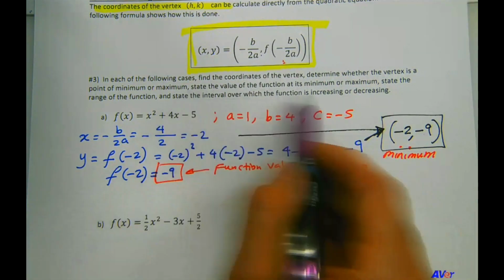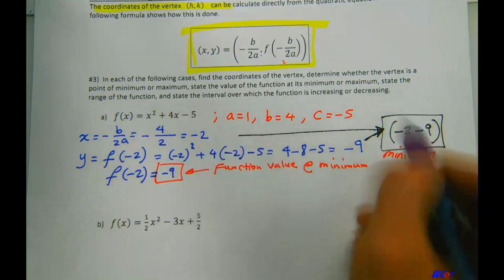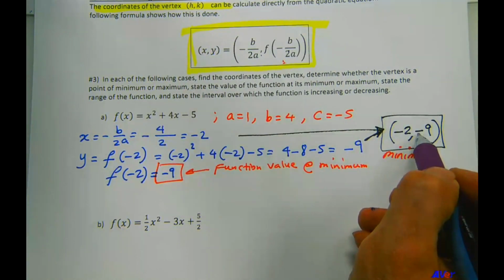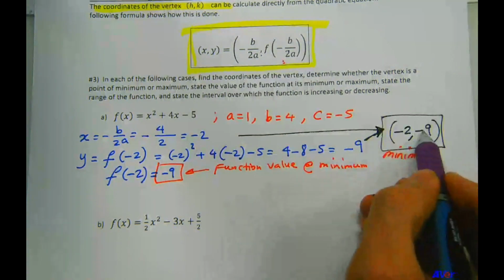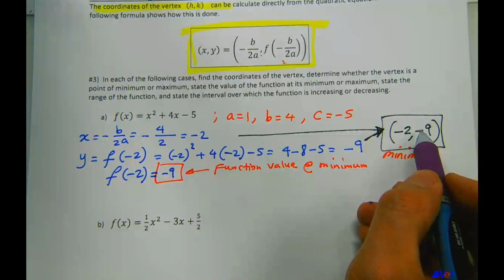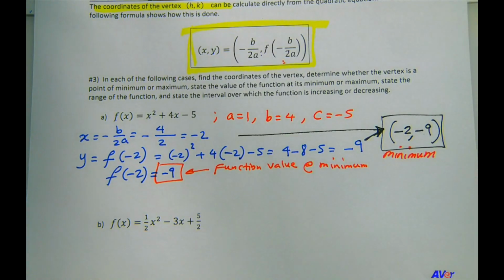Okay, what else are they asking? State the range of the function. So because this is the vertex, and because this is opening right side up, this is the minimum point. After that, the quadratic function is going to increase without bound. That means it's going to go from -9 to infinity range-wise. Range means the interval over which the function varies from minimum to maximum.